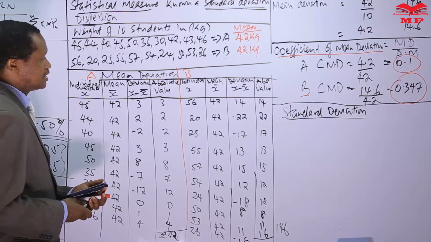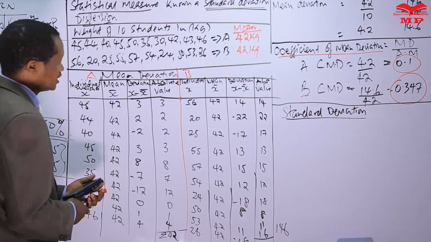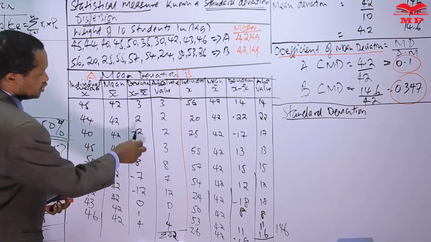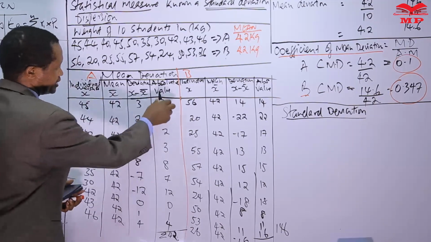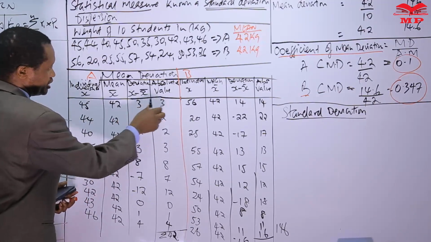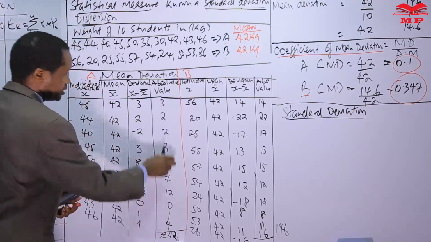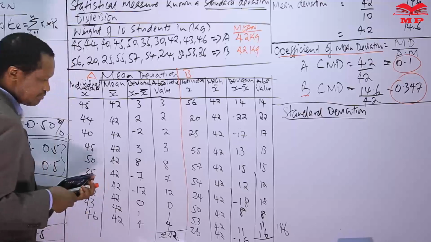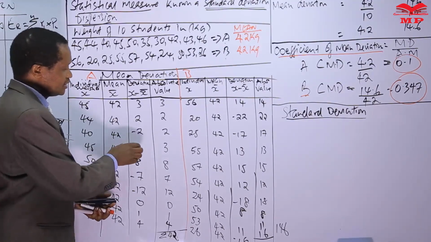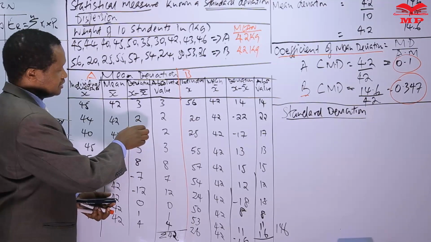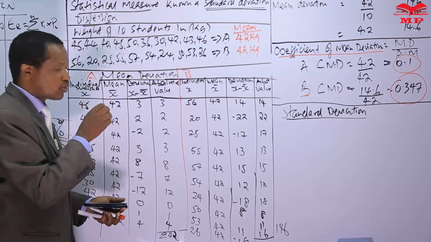Unlike the mean deviation, where the algebraic signs are ignored and we assigned the deviations their absolute values, for the standard deviation, other than ignoring the algebraic signs, the deviations are squared.